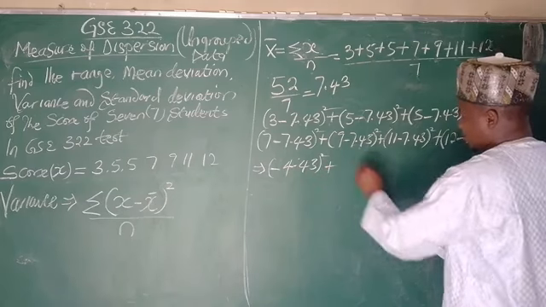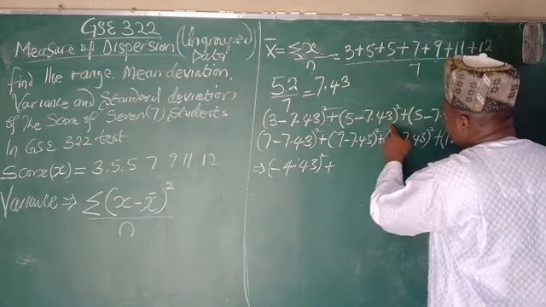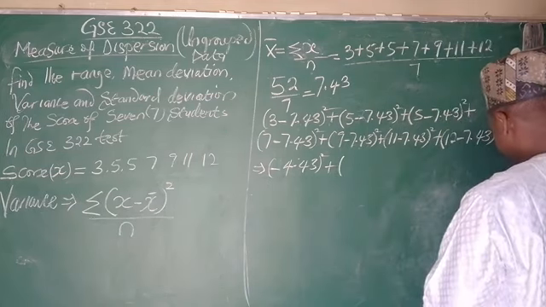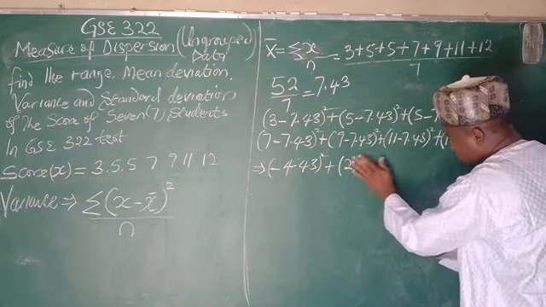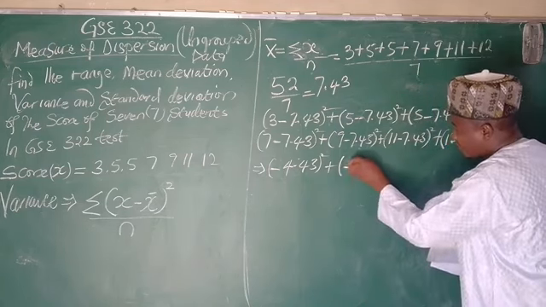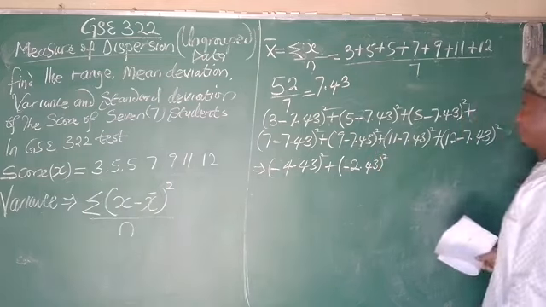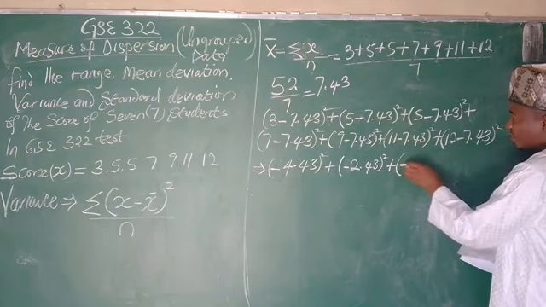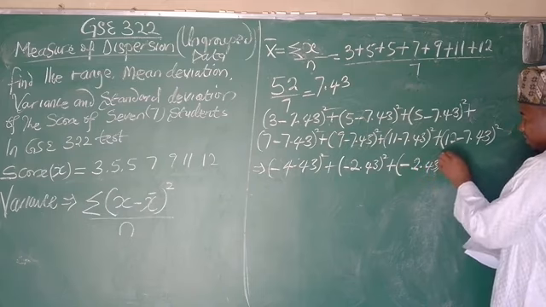Then plus 5 minus 7.43, which is going to give us minus 2.43 squared. Then plus this one also is going to give us minus 2.43 squared.